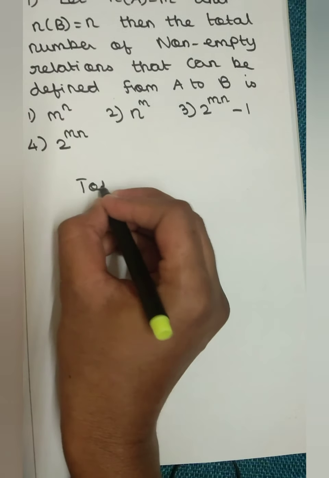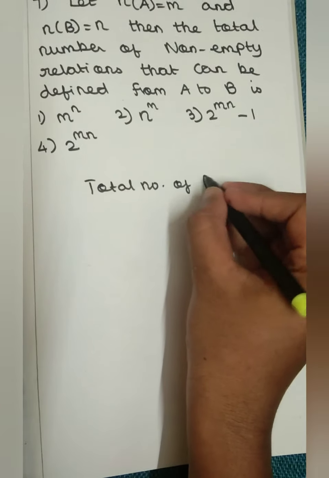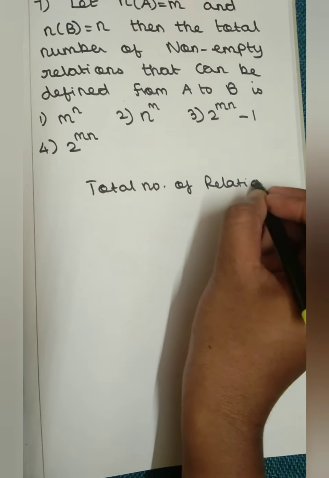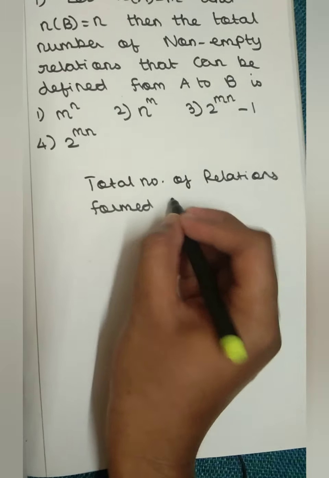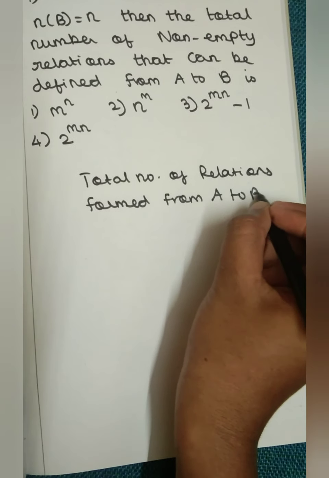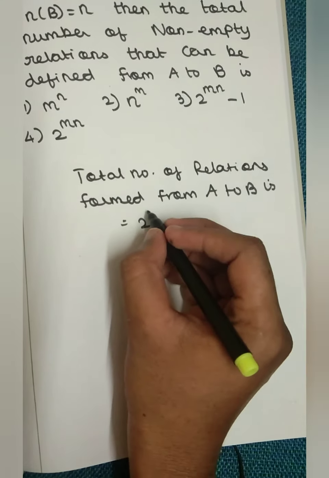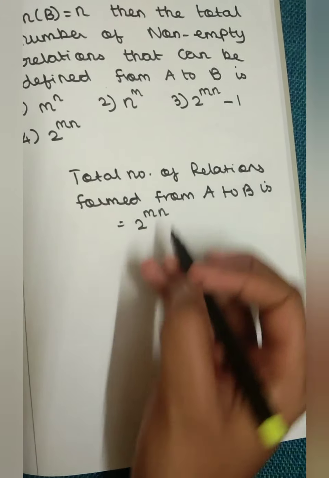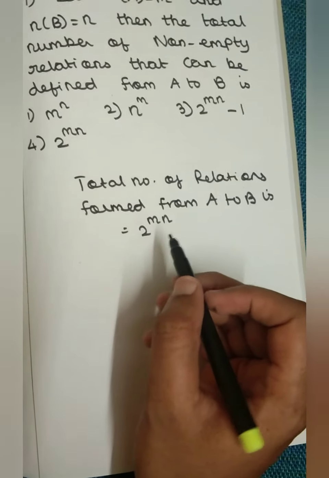Total number of relations formed from A to B is 2 power mn. M denotes n of A and n denotes n of B.